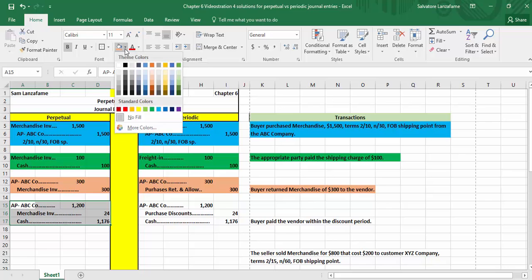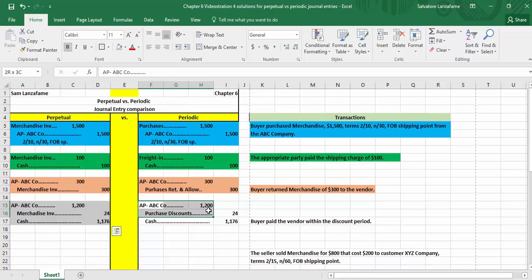Again, the key difference between perpetual and periodic from a visual standpoint is that I've replaced the words merchandise inventory with a very explicit account of what's actually happening.